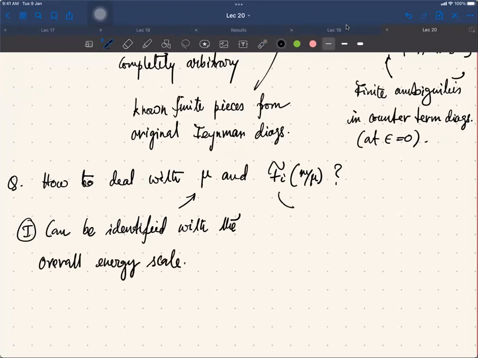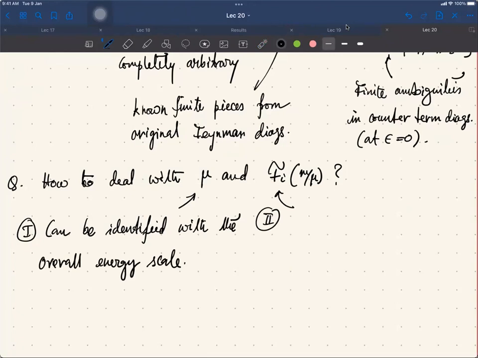And this one can be fixed by relating renormalized couplings m mu and lambda mu to proper vertices gamma tilde 2 and gamma tilde 4 at a particular scale.